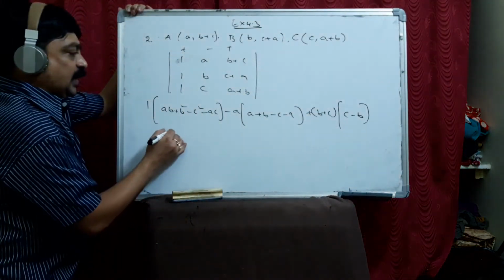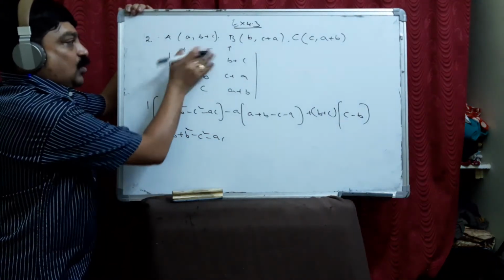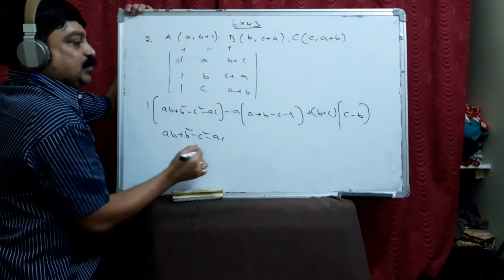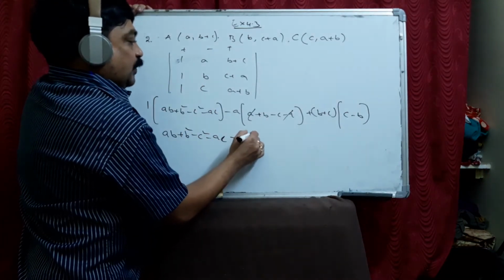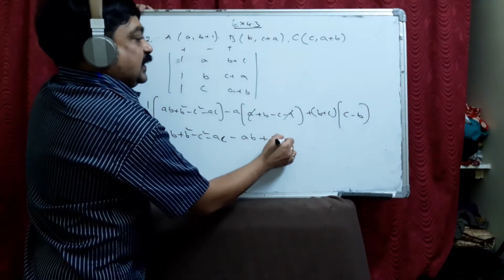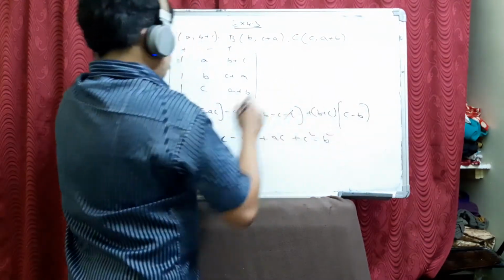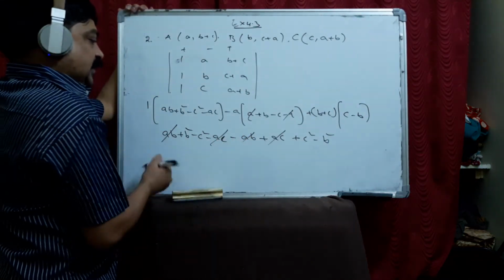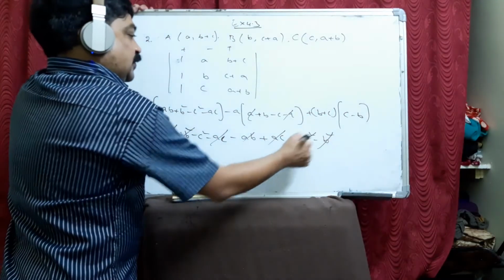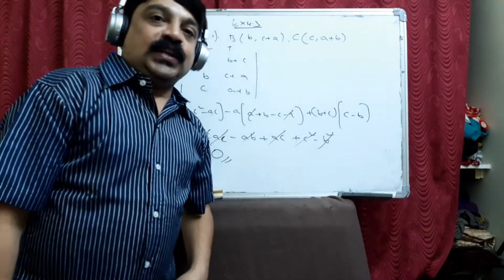So it becomes ab plus b square minus c square minus ac, minus ab plus ac, plus c square minus b square. You can cancel these: ab minus ab, ac minus ac, b square minus b square, c square minus c square, and we get 0. Therefore the given points are collinear.